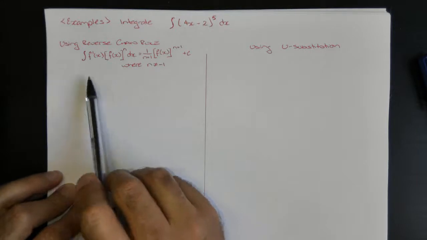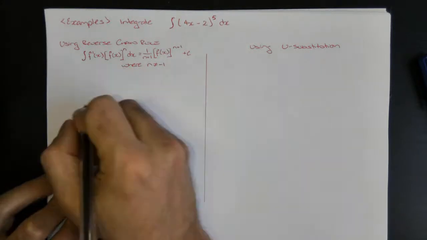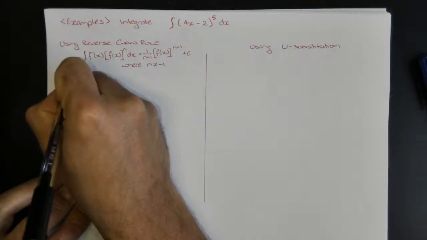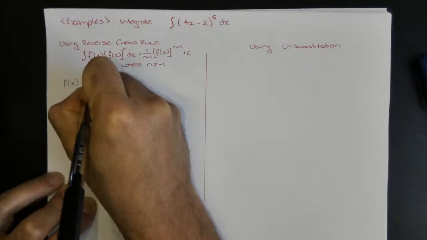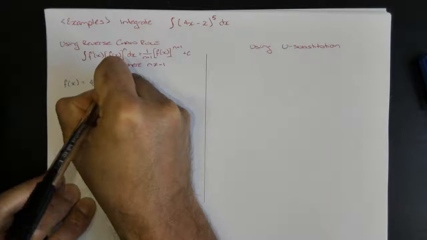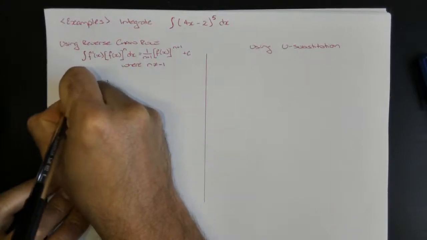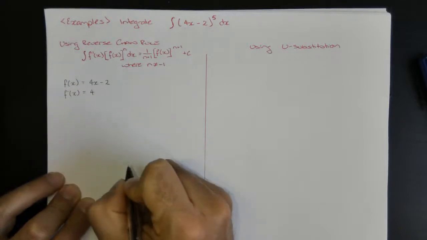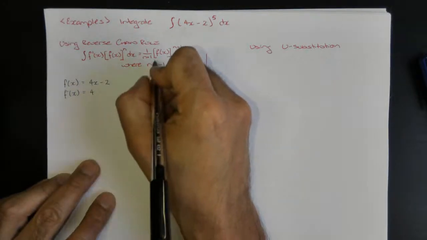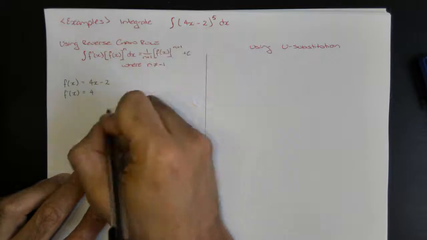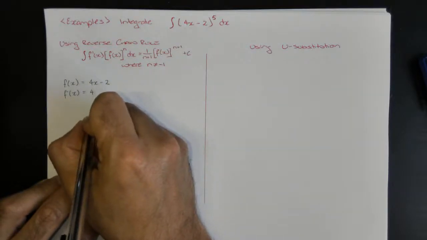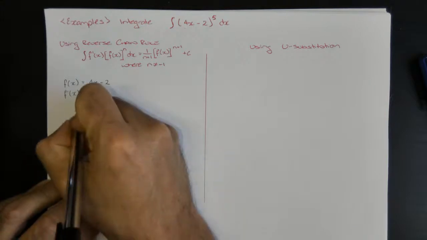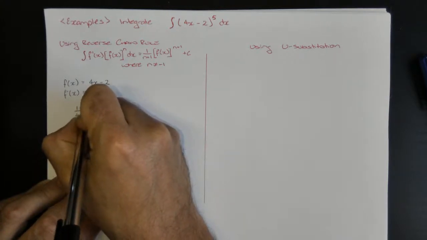Now we could use the reverse chain rule. So if we let this inside bit be f of x, then the derivative of that is 4. So I'm missing a 4 out of here, so I need to have a quarter on the outside.